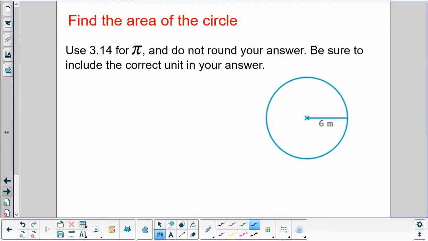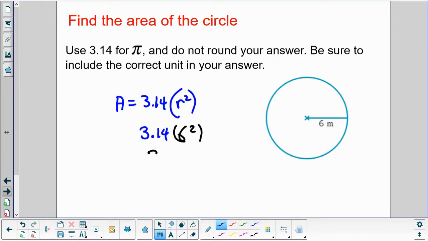So use 3.14 for pi and do not round your answer. Be sure to include the correct unit in your answer. So area is 3.14 times radius squared, and the radius is 6, so we got 6 squared, which is going to be 36. And when we multiply all of that out, what do we get?